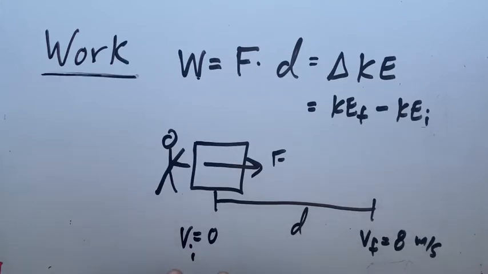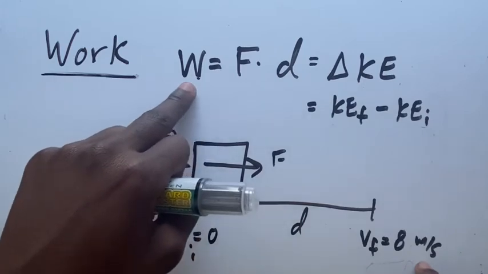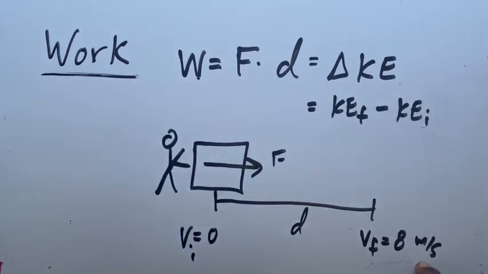Well, if we know initially it was at 0, and after some distance d the final velocity is 8, then what would be the work done now? If we didn't know the force and we don't know the distance, we could still find what the work is just by knowing the initial and final velocities.